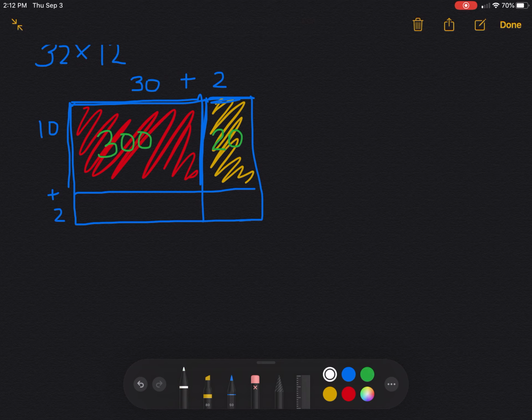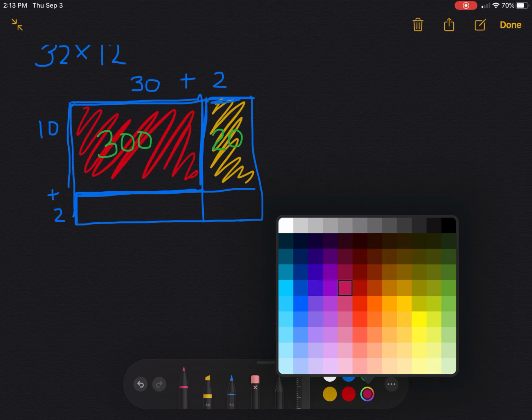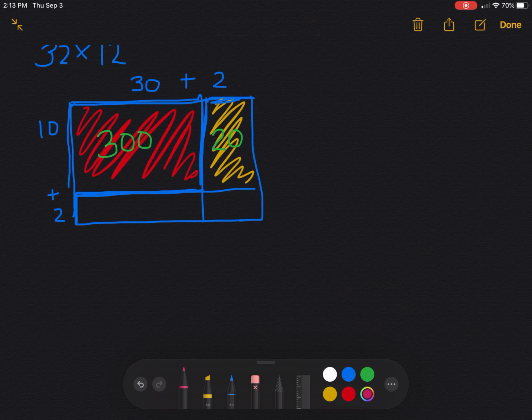Now I'm going to look at these other 2 sections. This bottom section, the longer rectangle, has a length of 30 and a width of 2. I could think about that as 30 times 2, or 30 by 2. And 30 by 2, or 30 times 2, is going to give me an area of 60.